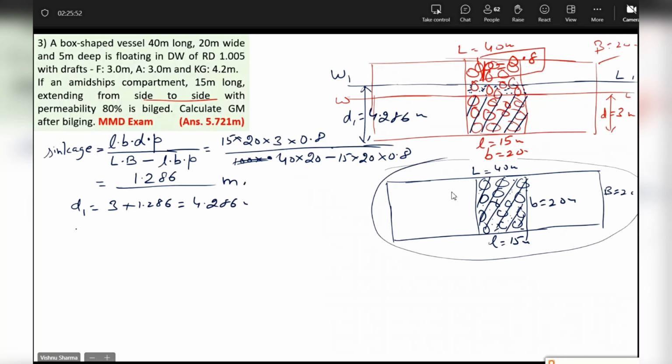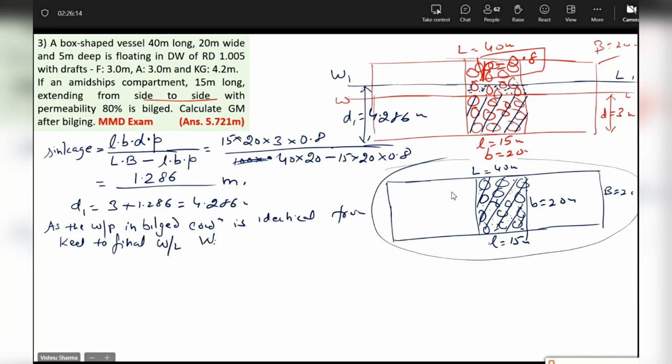So what will I write? I'll write like this, just for the sake of good order. As the water plane in bilged condition is identical from keel to final water line W1 L1, KB final will be equal to D1 by 2 equals 4.286 by 2, 2.143 meters.